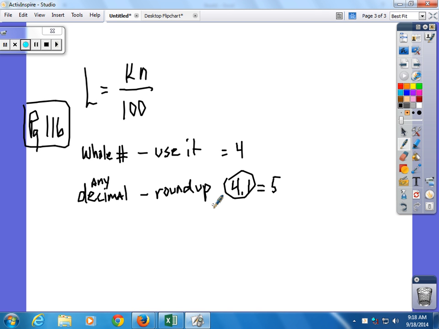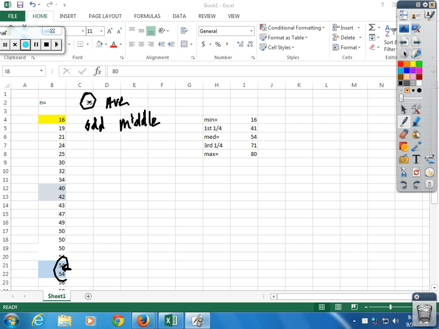All right? So let's take our numbers. We got 36. So I want my 25th percentile. So I'm going to take 25 times 36 and divide by 100.